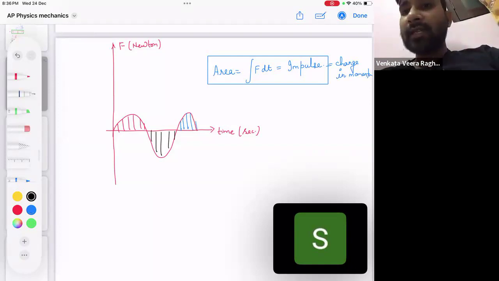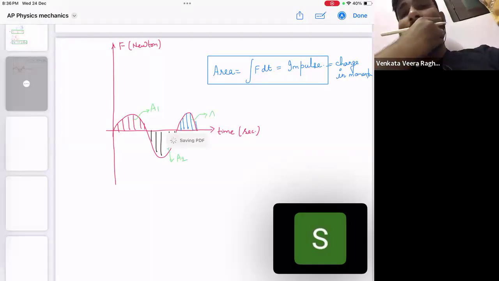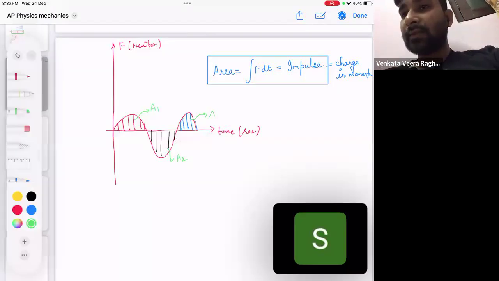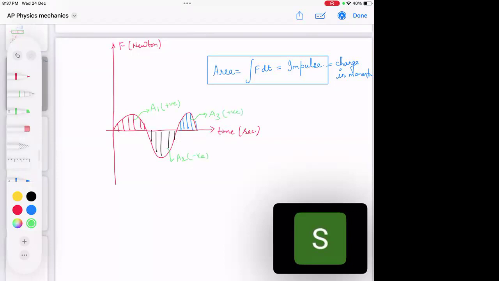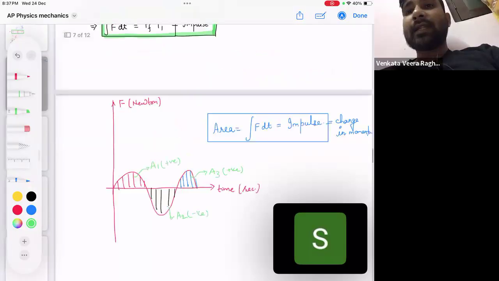If I say this area is A1, this area is A2, this area is A3, what is the rule about the area? The simple rule is: area above the axis we take as positive, and area below the axis we take as negative. Understood?